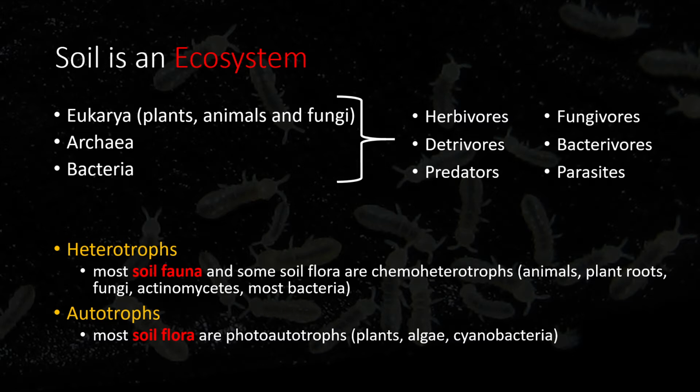It gets a little confusing because in a traditional food web, you've got your autotrophs, which are your plants that are creating their own energy. And then you have your heterotrophs, and we usually talk of them as herbivores, things that eat plants, and then carnivores or predators, things that are eating those herbivores. But in a soil setting, it gets to be a little bit more complicated than that.